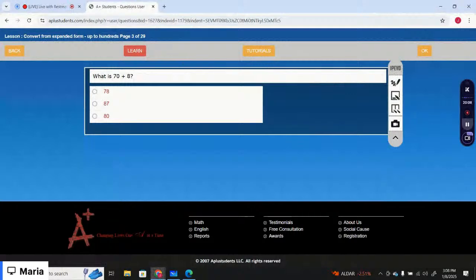What is 70 plus 8? So which is the correct option? 70 plus 8.